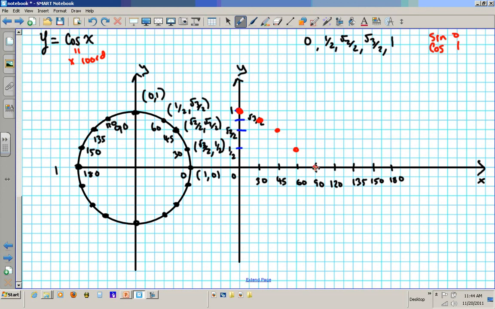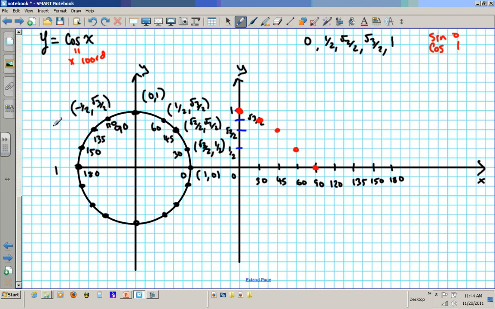Boom. For 120, we're going to have the same thing going on, but in this case, you notice what will happen. What will happen? Well, let's see. This is 1/2, root 2 over 2 is going to be the same thing here, but the x is going to be negative. It's going to be negative 1/2, root 3 over 2. Look at a unit circle for confirmation.